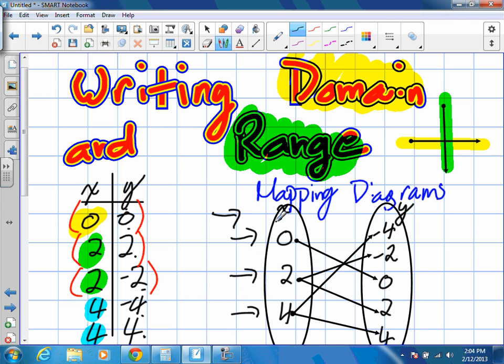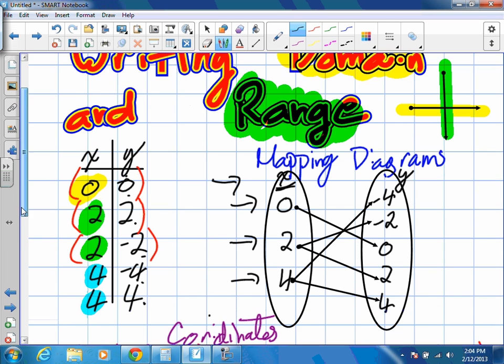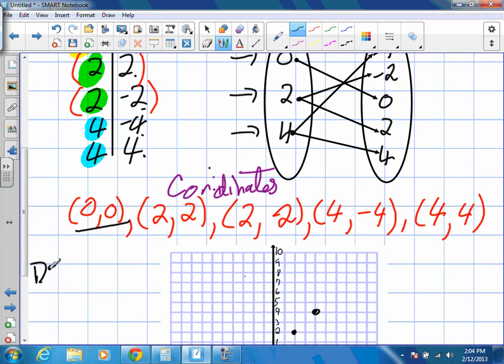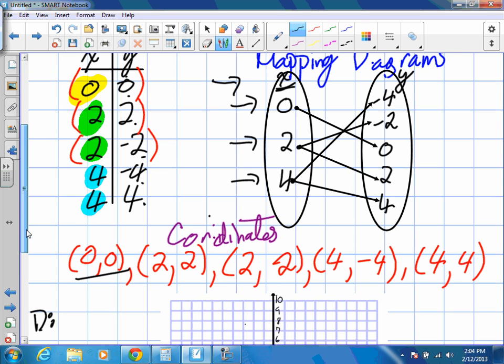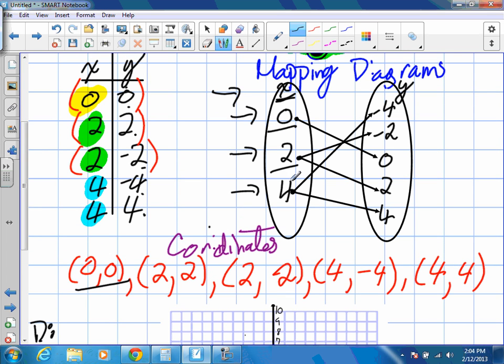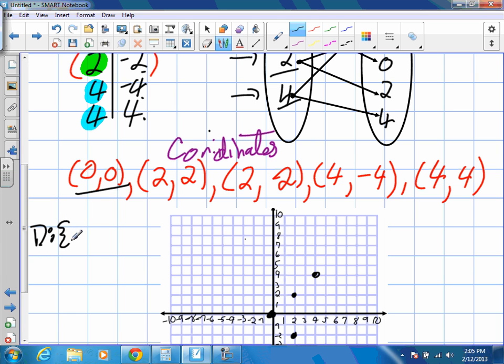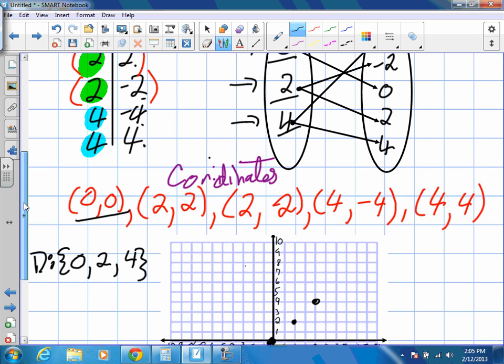So since these were the x values, the domain of this function, let's see if I have some room. The domain is written as d with a colon, and we're going to write all the x values. So our domain is 0, 2, and 4. Simple as that. Okay?